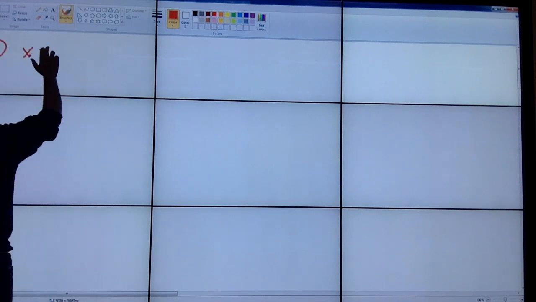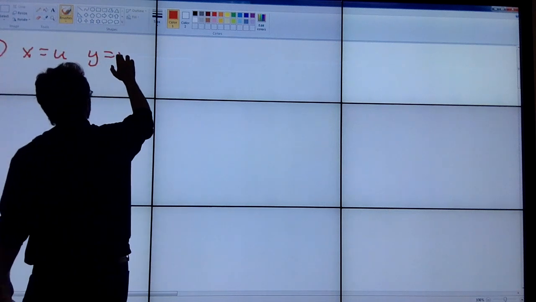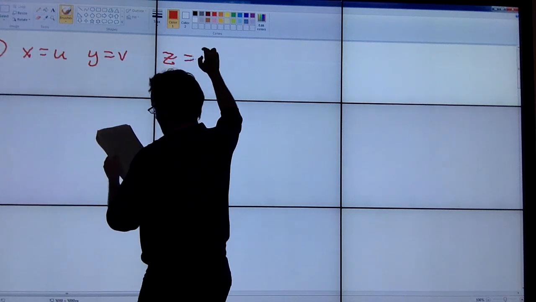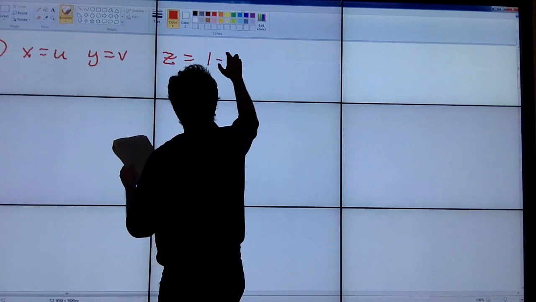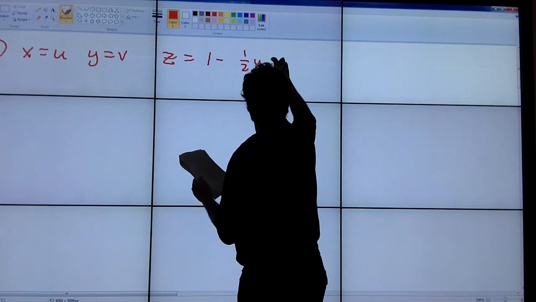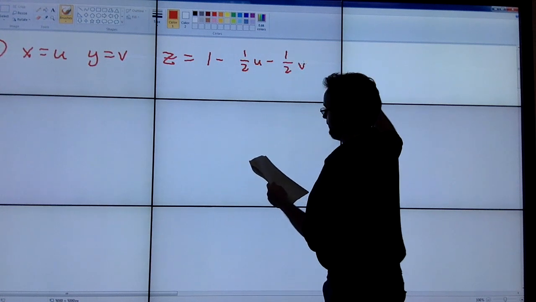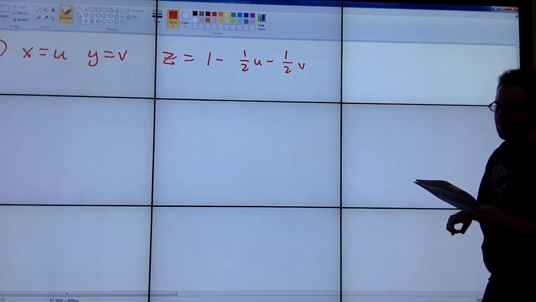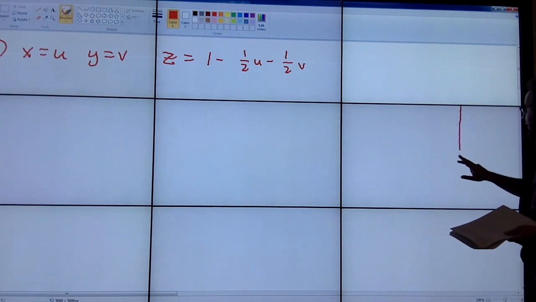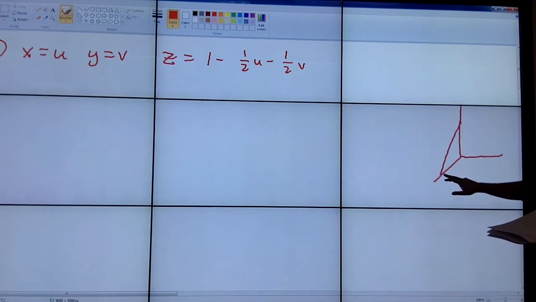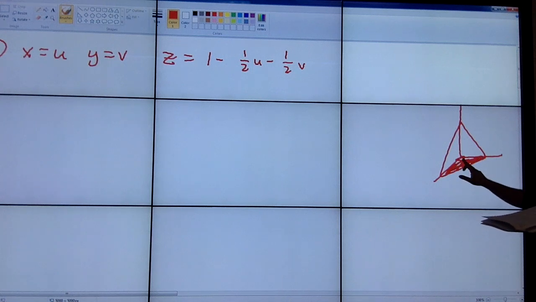X equals u, y equals v, z equals what? 1 minus 1/2 u minus 1/2 v. Don't forget, you probably draw a plane here, like this. You'd find the projection of what this looks like in the xy plane.